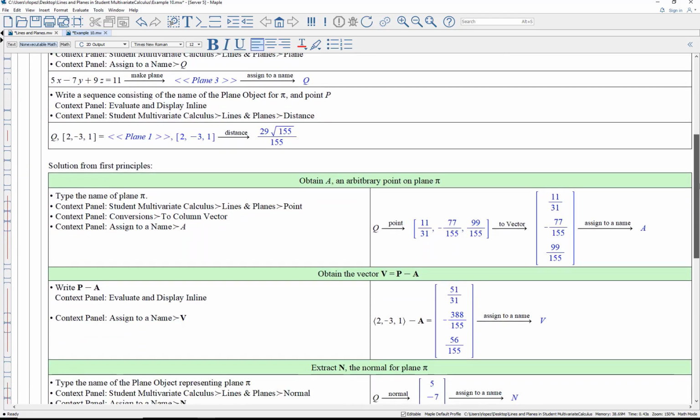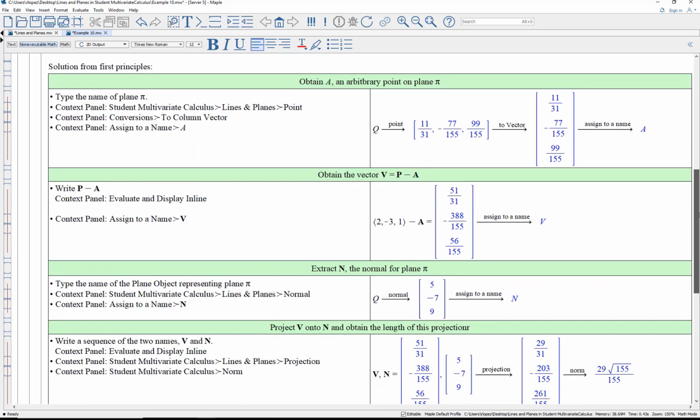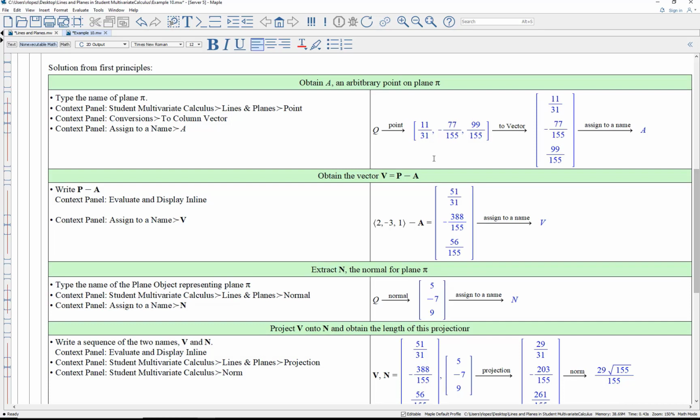Suppose you wanted to do that from first principles and not have to rely on these tools of Maple. So you need a point on the plane. There's the equation of the plane.